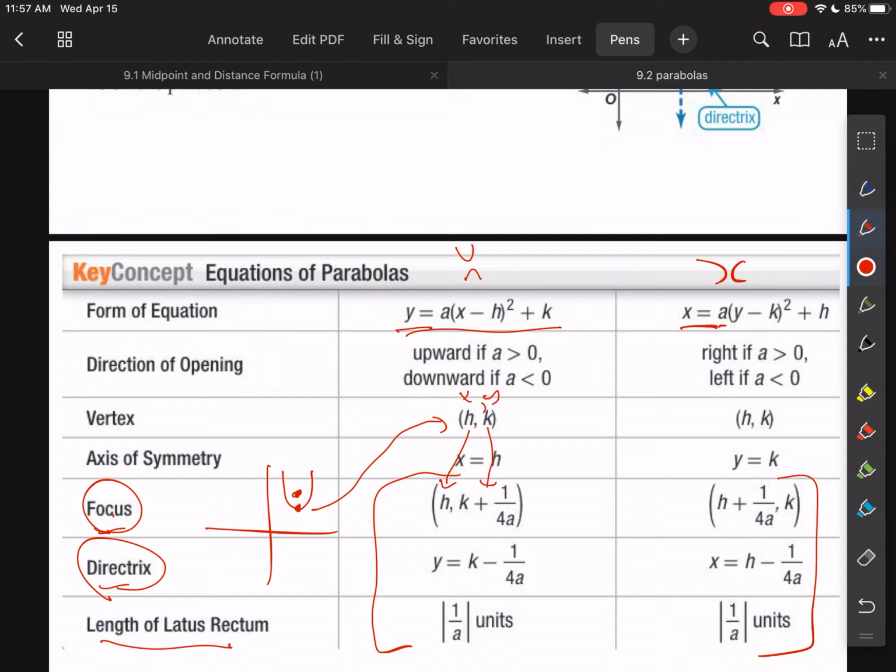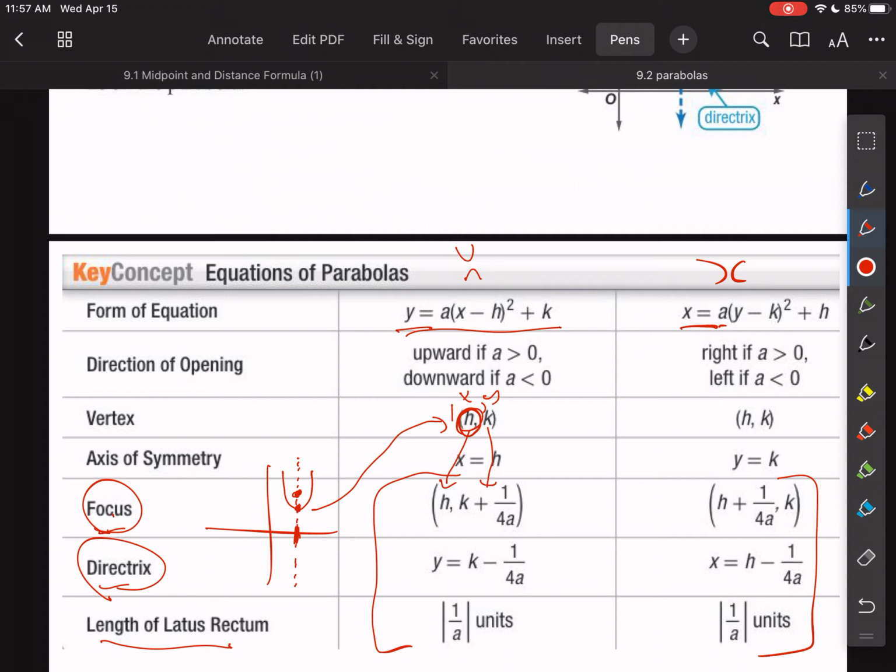If something's opening up and down, on this kind of symmetry, the x value of the vertex, the h, remains the same for the focus. So the focus and the vertex share the same x value, but the k value will be different.